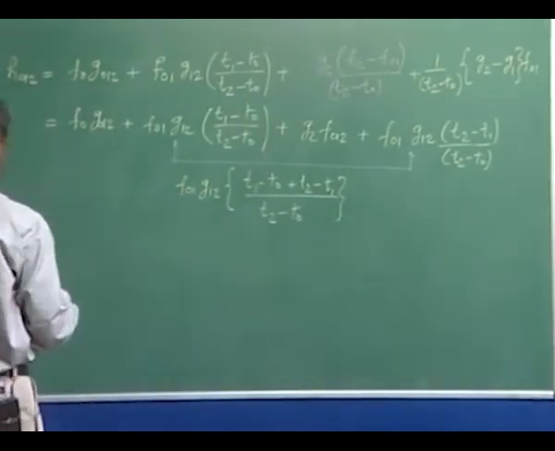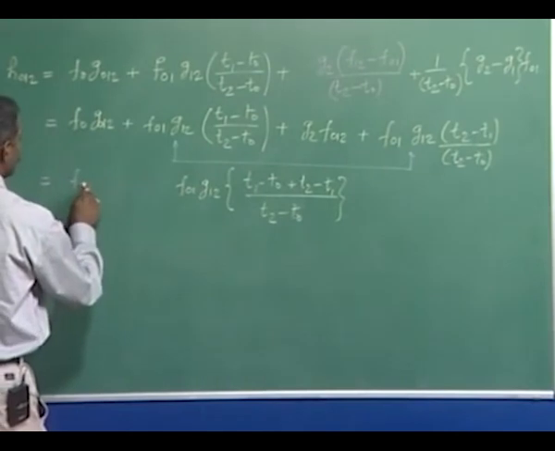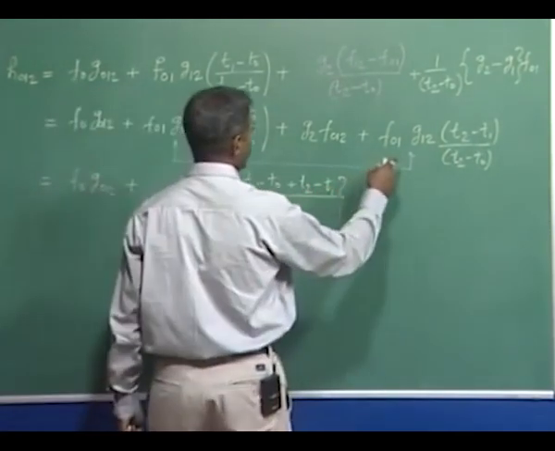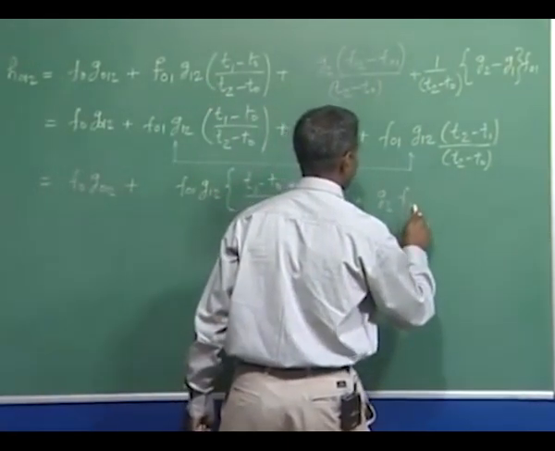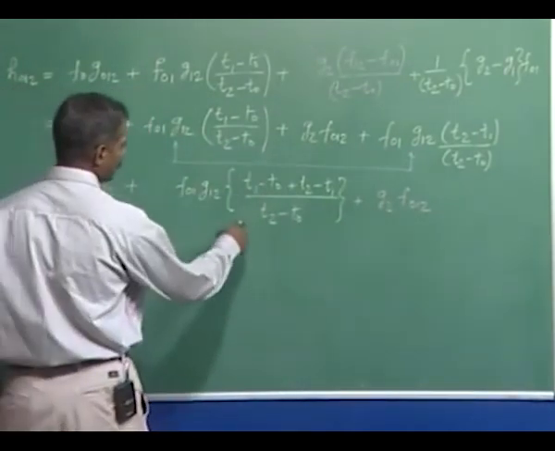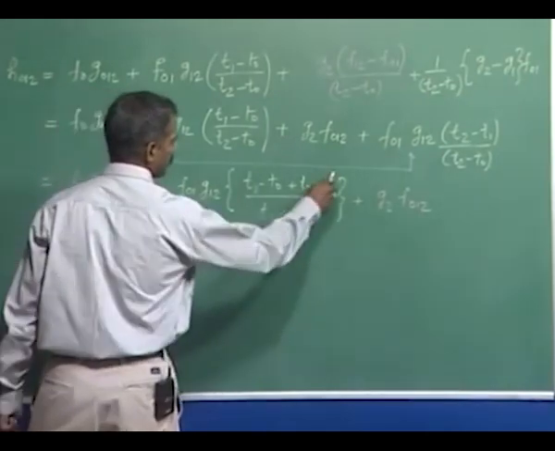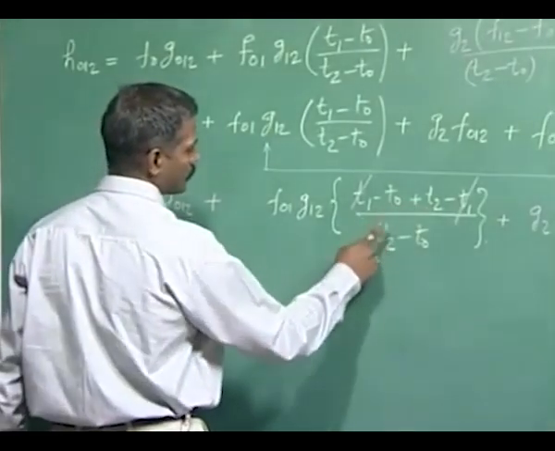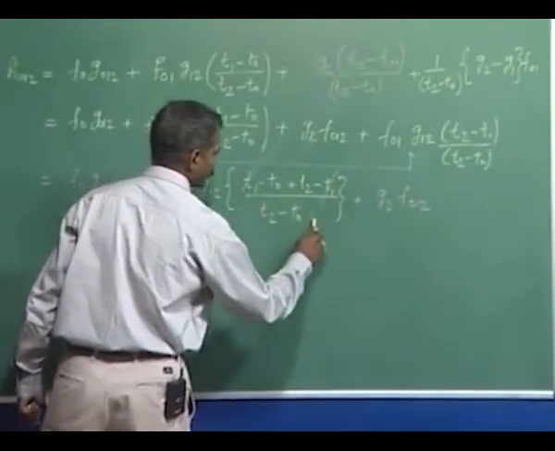What am I left with? I'm left with F0 G012 plus G2 F012. If I simplify this factor further, T1 cancels out, and T2 minus T0 cancels out with T2 minus T0 here. So this term is equal to 1.